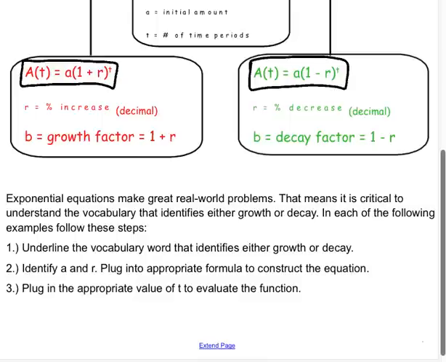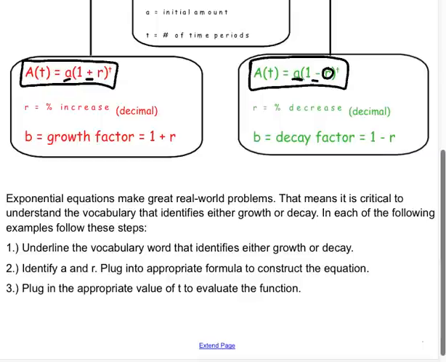Decay, you are subtracting that rate every time. So when you're working through these, that's going to be the key thing, is just knowing which is growth, which is decay, and then A is your initial value, your starting amount. And then here, that plus or minus is based on whether it's growth or decay.